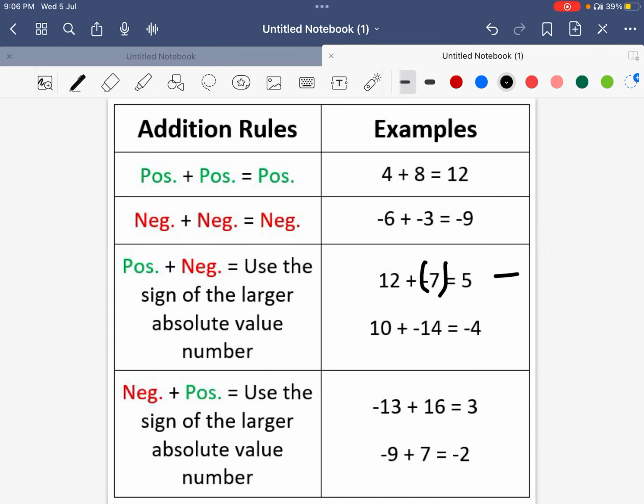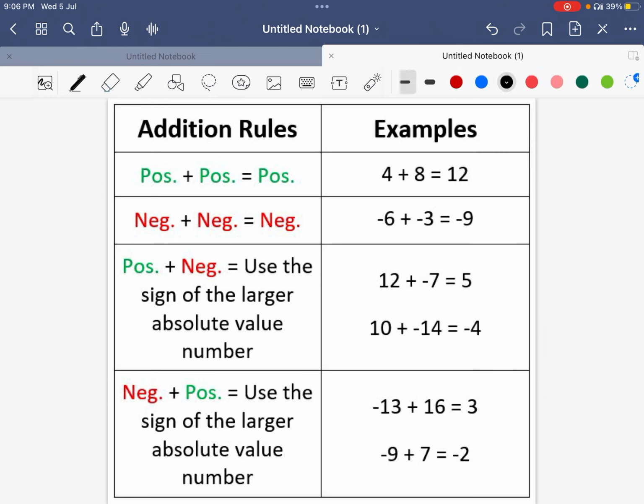So we have to subtract 12 and 7. 12 minus 7, what is the answer? 5. And we have to give the sign of the bigger term. If you observe, 12 is bigger as compared to 7, so you write the sign of the positive one. So your answer is plus 5. Likewise, we have to solve the question.